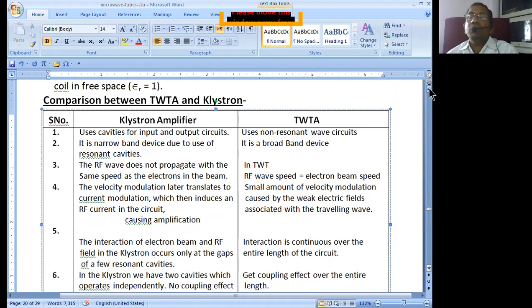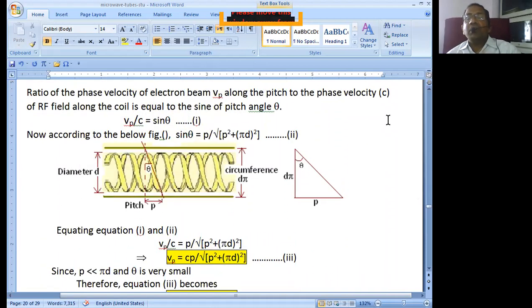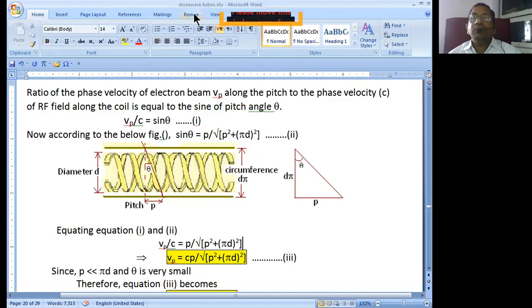Whenever we want to amplify microwave signals at wideband, we normally go with TWT type tubes in the industry. So these are some of the concepts related to the principle of working of the TWT and the basic phase velocity equation. Thank you very much for today's session.